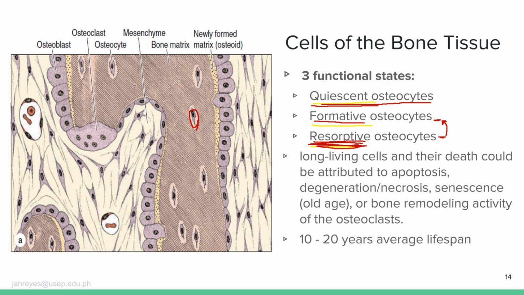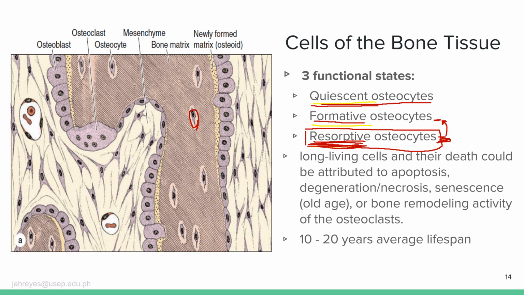That's why the release of metalloproteins by the resorptive osteocytes is also referred to as osteocytic osteolysis. So that is a function of this type of osteocyte, which is responsible for the calcium and phosphate homeostasis of the bone.